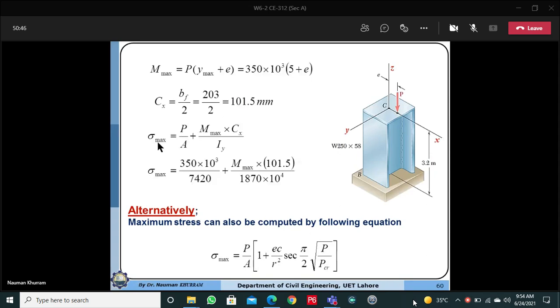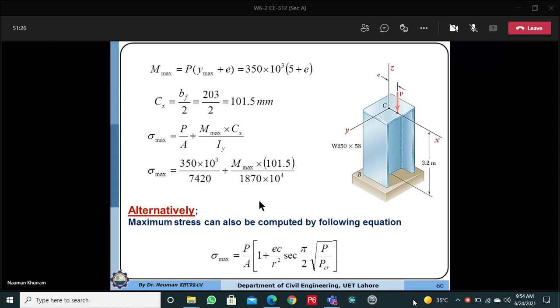So you shall substitute the value P over A, the cross-section area is given, and the maximum moment you could determine from here, and Cx is Bf by 2, and the Iy value is this one. So instead of using Cx and Iy, you could use the section modulus about the y-axis, because section modulus is the ratio between the moment of inertia and the y value, where y is the distance from the neutral axis to the extreme fiber.